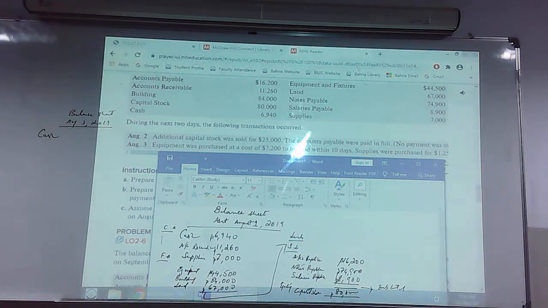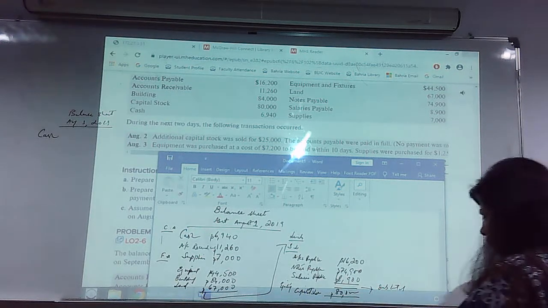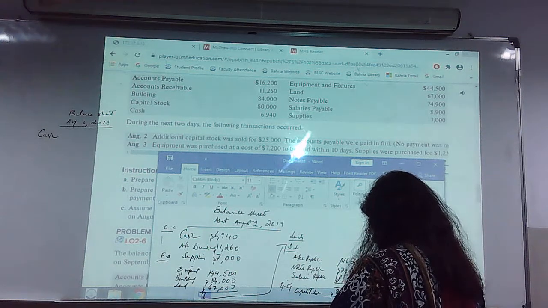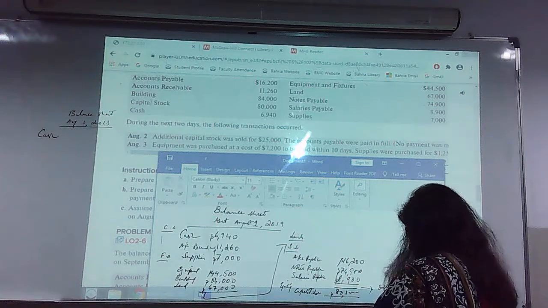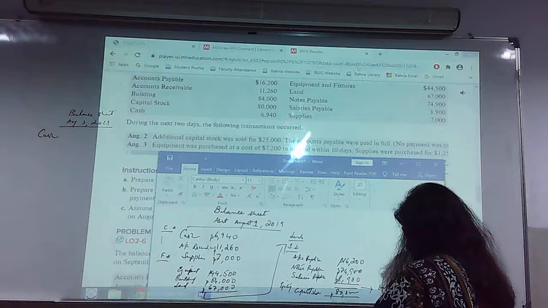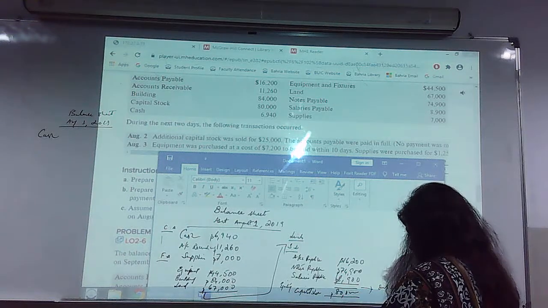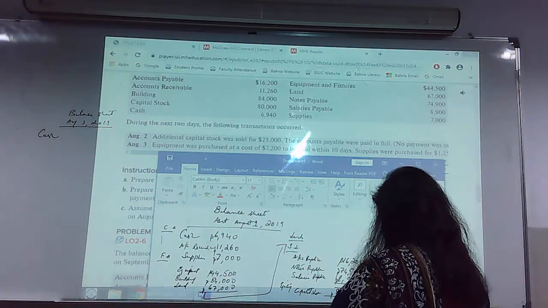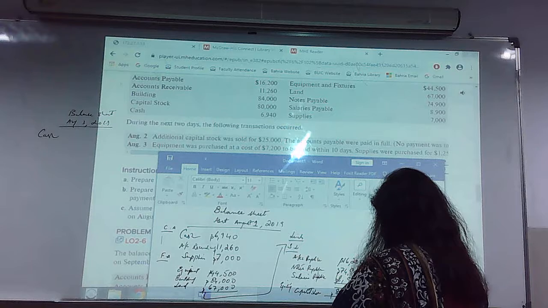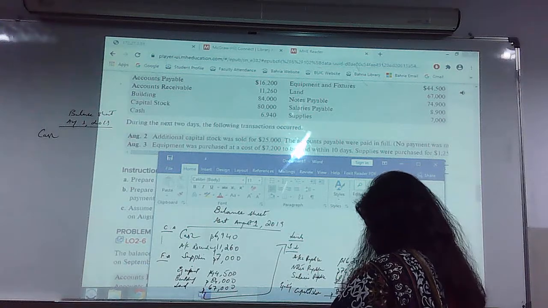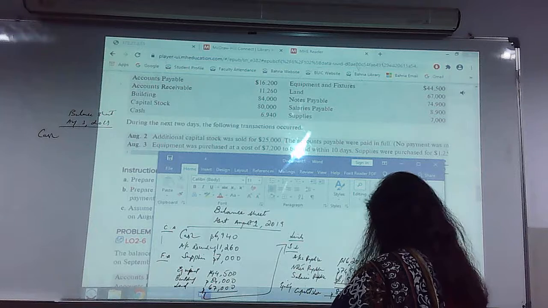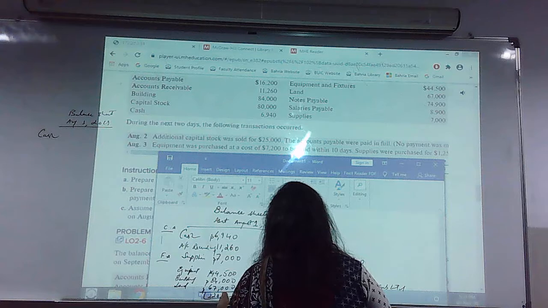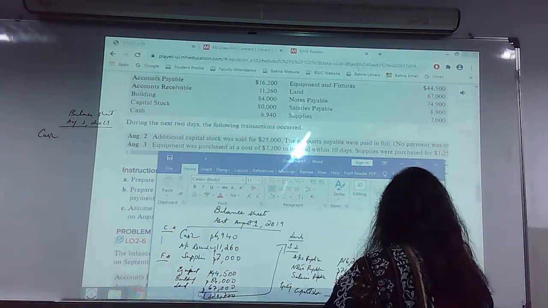Let's just find out if they're equal. $6,940 plus $11,260 plus $7,000 plus $44,500 plus $84,000 plus $67,000 plus $2,700. Let's just see how much this is.